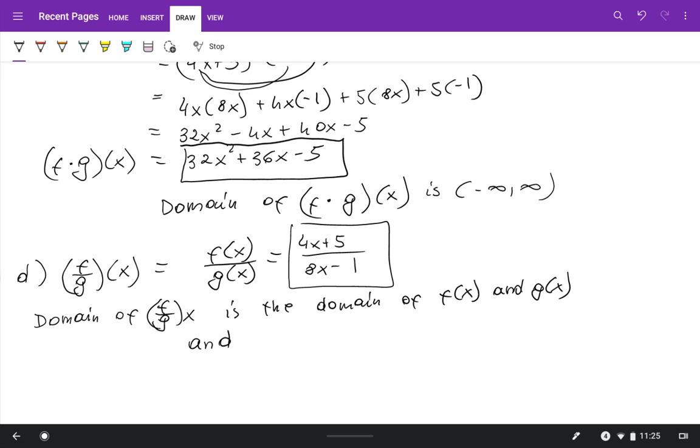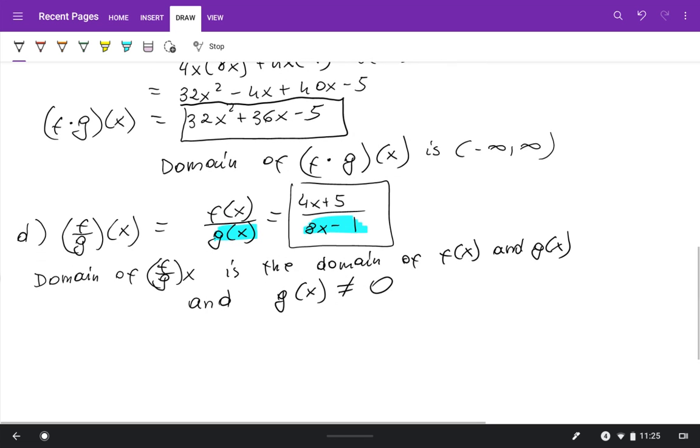And also, when you create that quotient, you always check what you have inside of the denominator of the function, which is 8x minus 1. So you have to give the condition that function g of x cannot be equal to 0. So this is what that means.